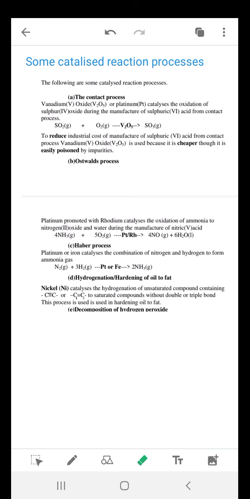So it should be crushed to be fine. So the particles of platinum rhodium should be fine for them to be effective.